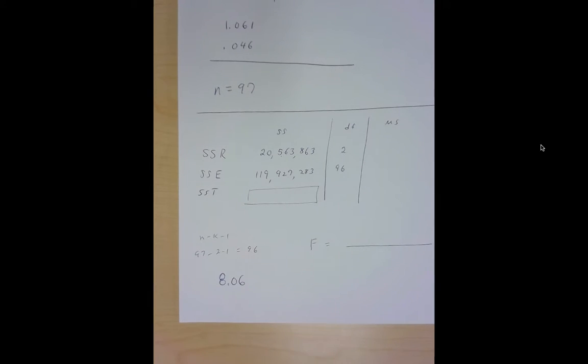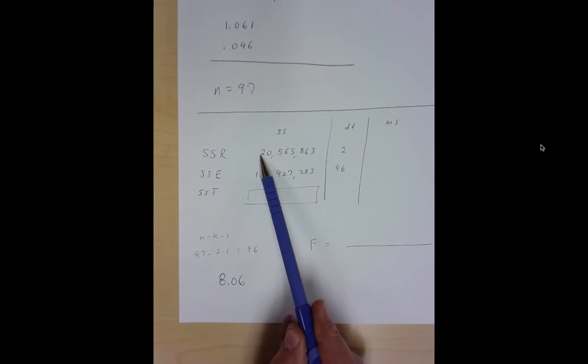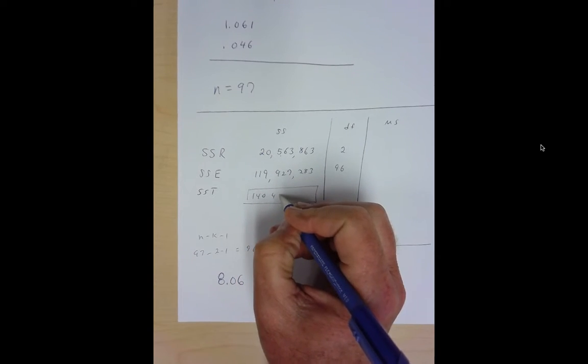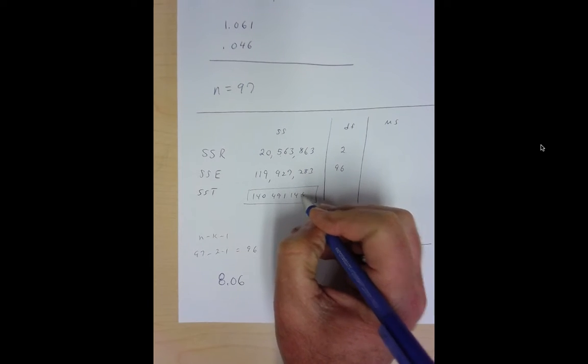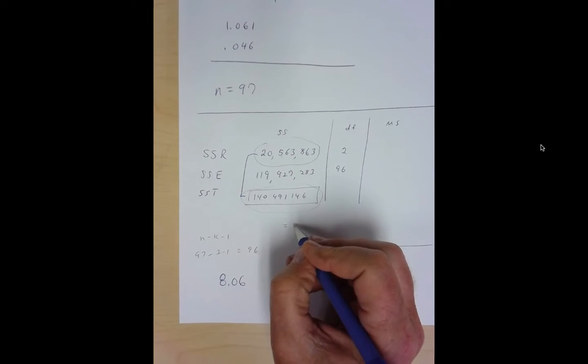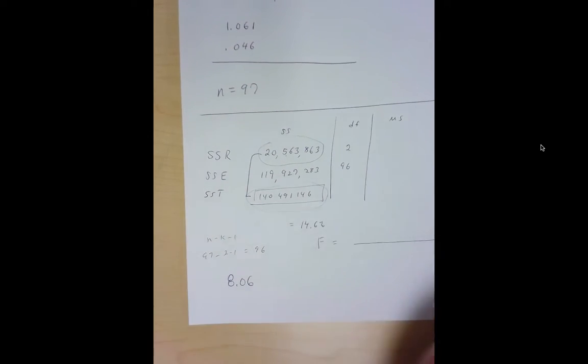So if I don't commit a typo, 20,563,863 plus 119,927,283, I added these two together, and right here I got 140,491,146, and I divide the regression sum of squares by this number, and I end up getting 14.6%.